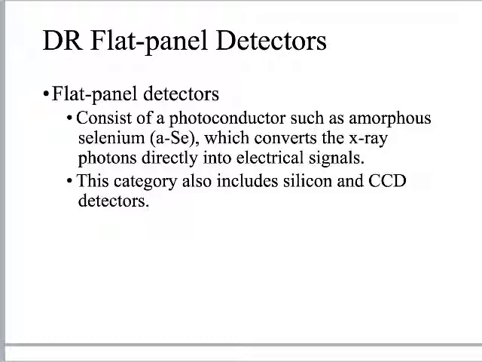So we don't have to develop it. It's just going to convert it directly to electronic signals. For us in radiation therapy, this is how portal imagers work, right? We're using flat panel detectors, okay? We might also use a silicon and a charge couple device, and we'll talk about what that is in just a second, but it's sometimes abbreviated CCD, charge couple device.